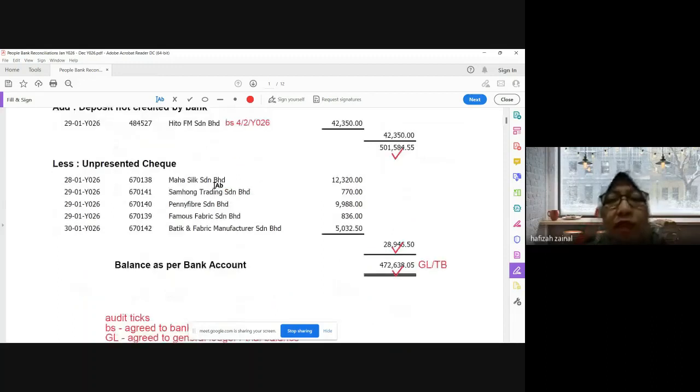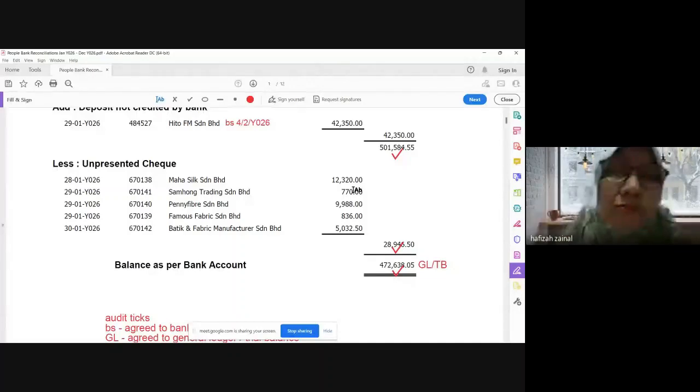Now the next one is the unpresented cheque. You might not do all, because in this case it's only 5, but in certain companies you might have 2-3 pages of unpresented cheques. So you can imagine how big the transactions of the company are. Hence, we normally do not do the whole thing.